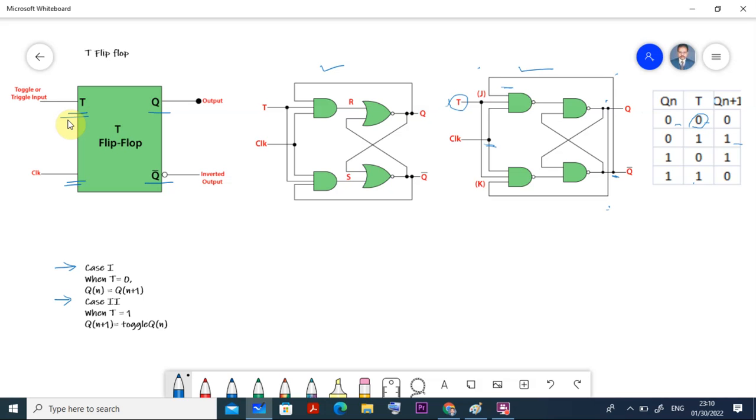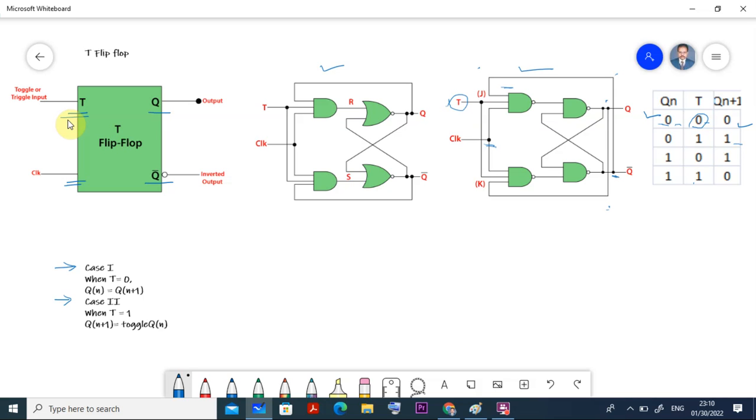What was Qn? Qn was 0, and Qn plus 1 is also 0. Here, Qn plus 1 is equal to Qn, right?